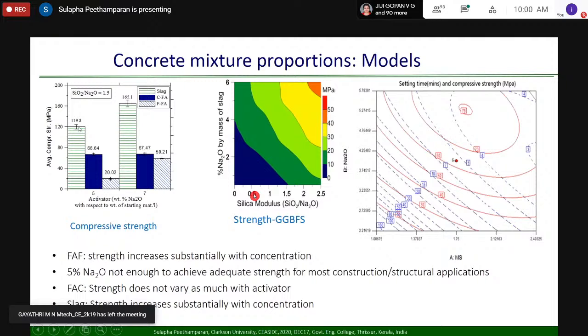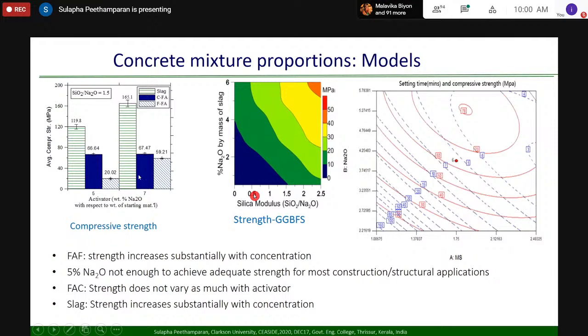You can see a very high strength, 120 MPa is very high, ultra high performance concrete. This is with 5% Na2O content in the solution. If you increase that, the strength will increase from 120 to 165 for slag based geopolymer. And if it is fly ash, it is 60.